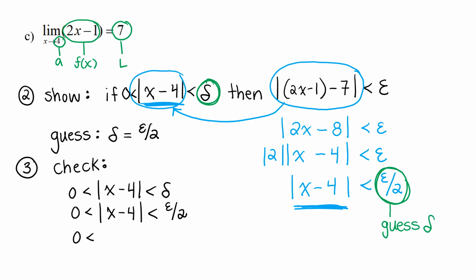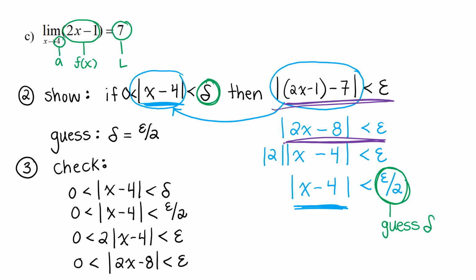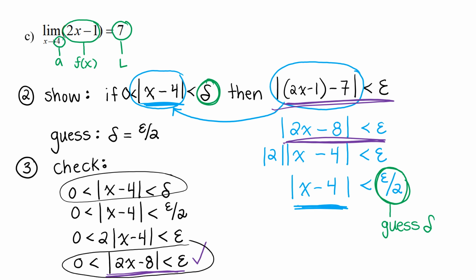So we have 0 is less than 2 times the absolute value of x minus 4 is less than epsilon, which gives us 0 is less than the absolute value of 2x minus 8 is less than epsilon, which is just the simplified form of that inequality that we need to show. So we've shown this: if this piece is true, then this piece is true for our good delta guess. So now with all this work, steps 1 through 3, we've proven this limit using the precise definition of a limit.